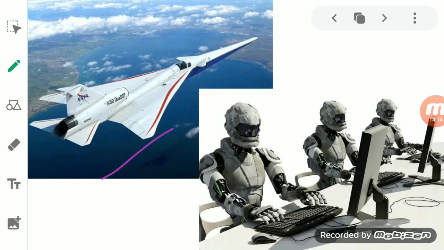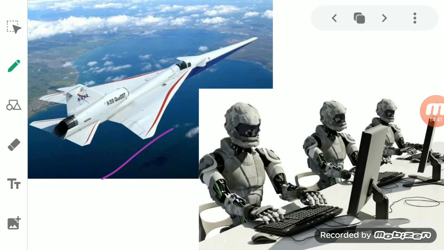Although you see that the invention does not stop here, still the modes of transport are continuously being invented by different scientists. And if we look at the future modes of transport, they may include solar powered vehicles. Solar powered means vehicles which can be operated by using solar energy.